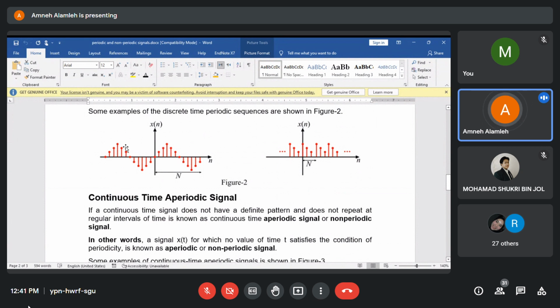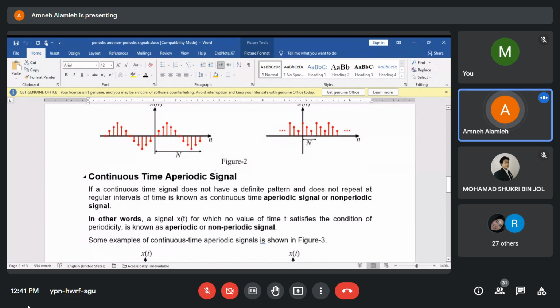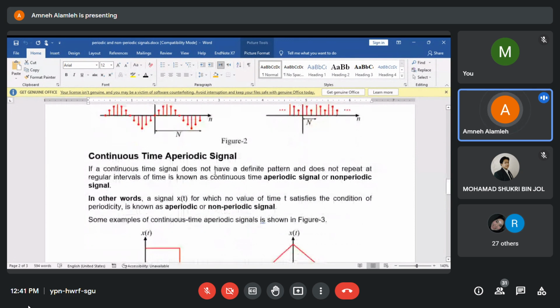So this is periodic and discrete. It repeats itself at an interval of time. If we focus, we can see a pattern at a specific interval of time. It repeats itself.